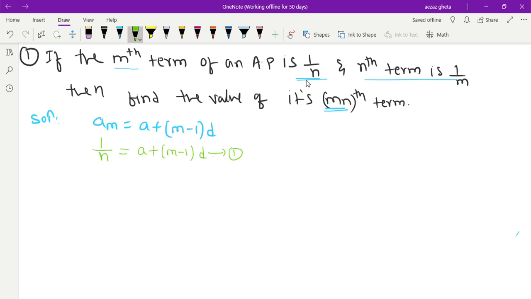Equation 1. Now the nth term: a_n is equal to a plus (n minus 1) of d. They said that the nth term is 1 by m, so 1 by m is equal to a plus (n minus 1) of d. Equation 2. Now we will subtract equation 2 from equation 1.